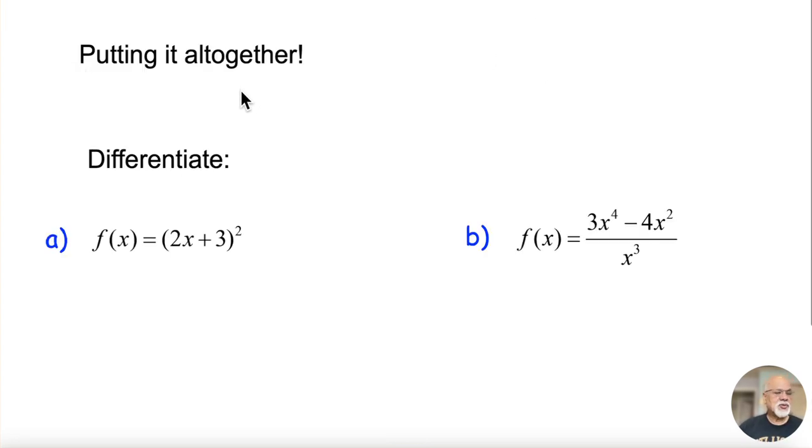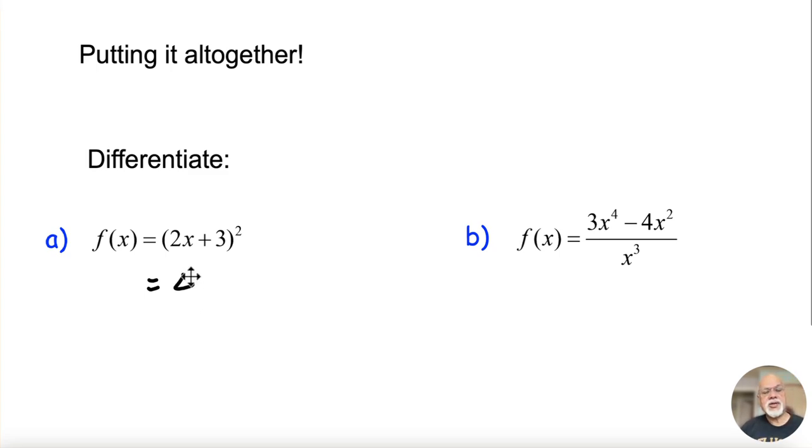Now, let's put this all together and do several examples. Later on, we're going to be looking at a rule that addresses this particular question, but for now, we're just going to take a look at what does (2x plus 3) squared mean?